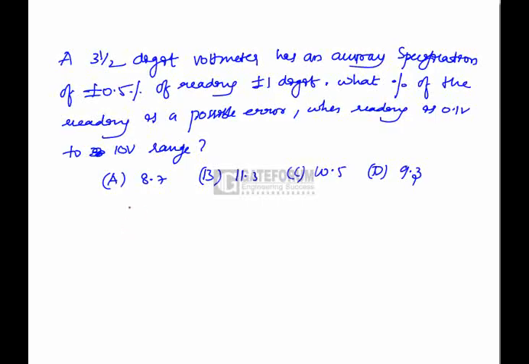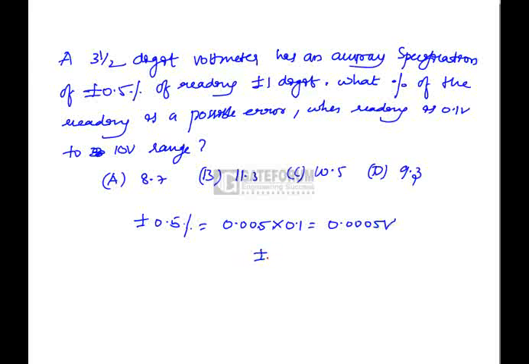When reading 0.1 volt on the 10 volt range, we have plus or minus 0.5 percent of reading. Plus or minus 0.5 percent of reading is equal to 0.005 for the 0.1 volt reading, so this is 0.005 volts.